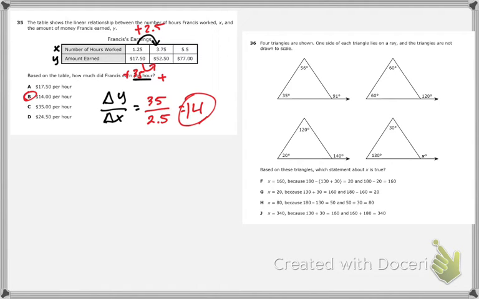Okay, here's X. We're trying to find X. So let's see what X is.